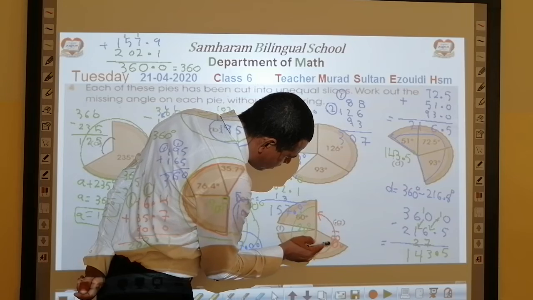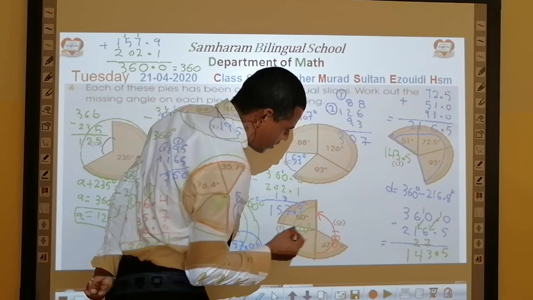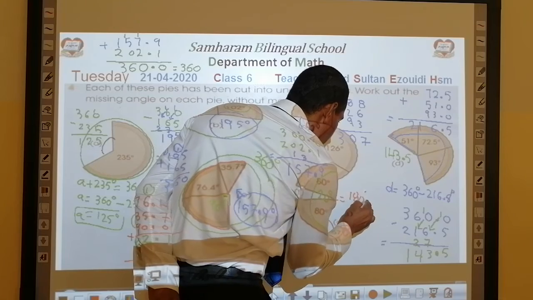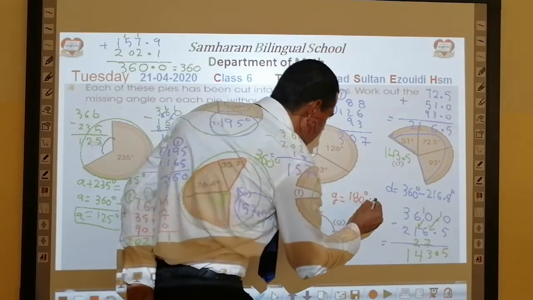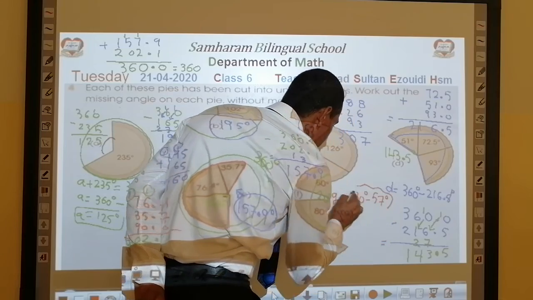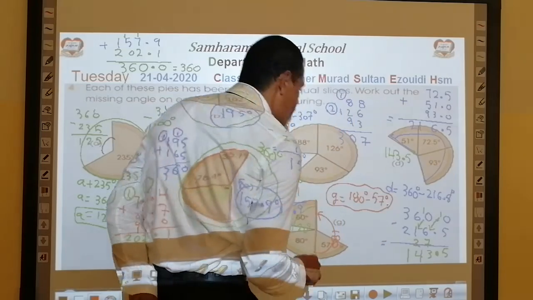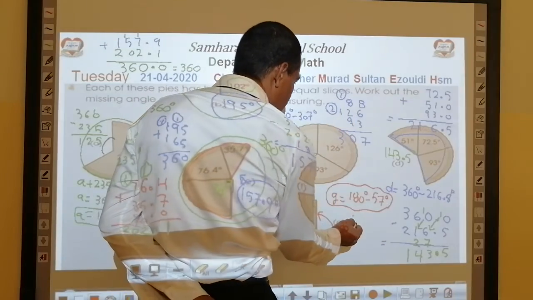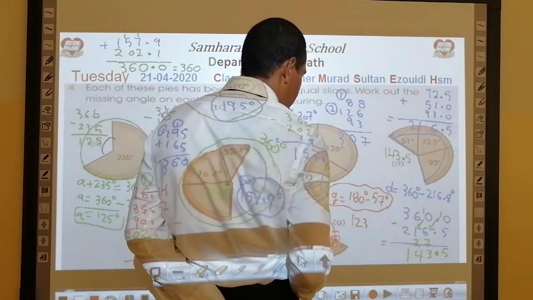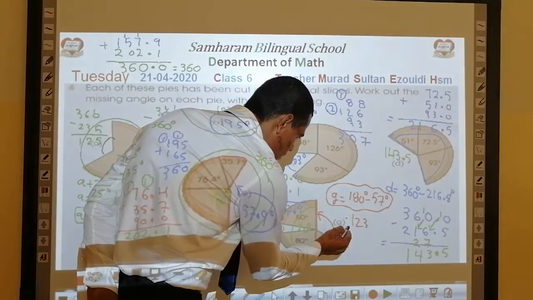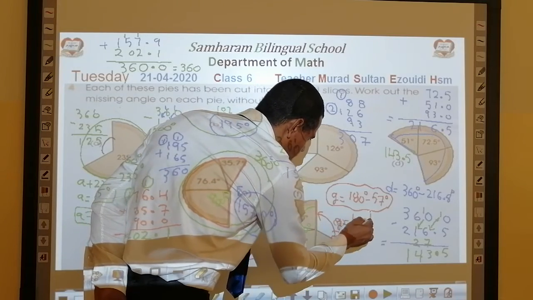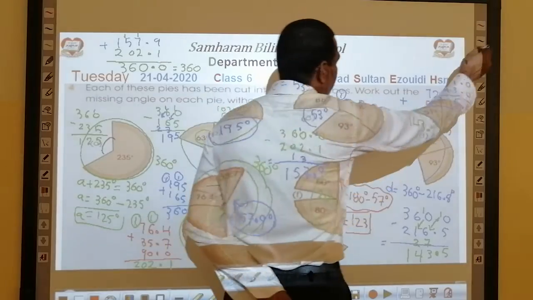So, to find G, make 180 minus 57. So, G equal 180 minus 57. So, it will be what? It will be 123. Okay? And let's check. Okay.